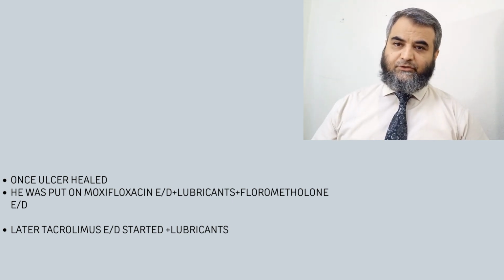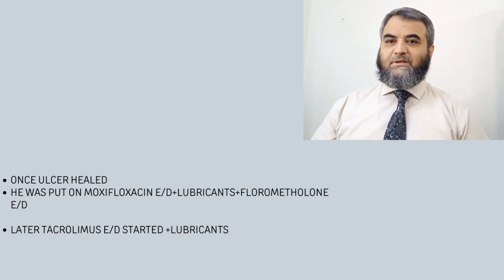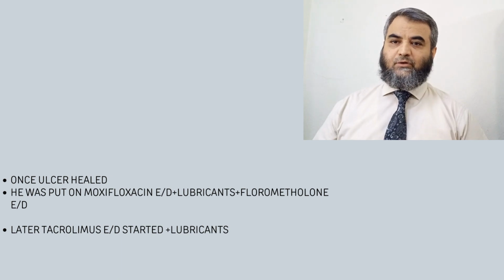We also introduced a course of topical tacrolimus eye drops. Tacrolimus eye drops have a special role in controlling this type of inflammation, and they are used for a long time period to control it.